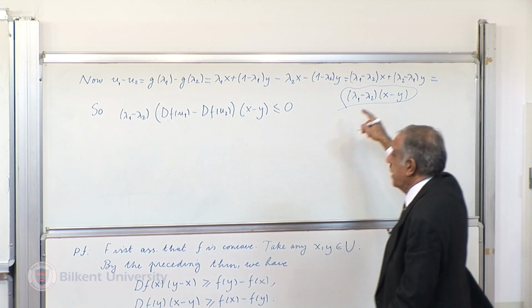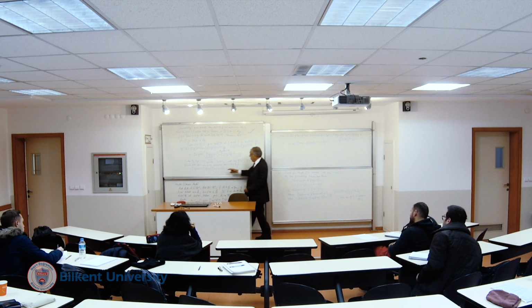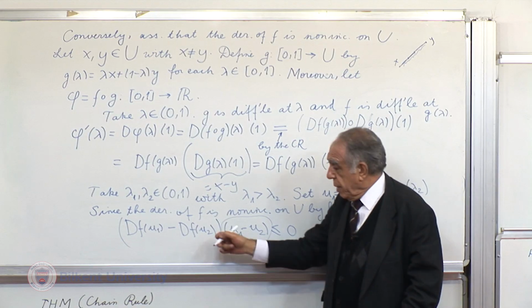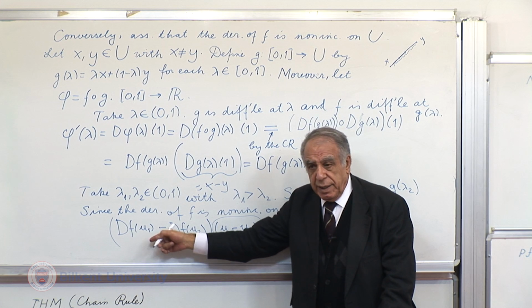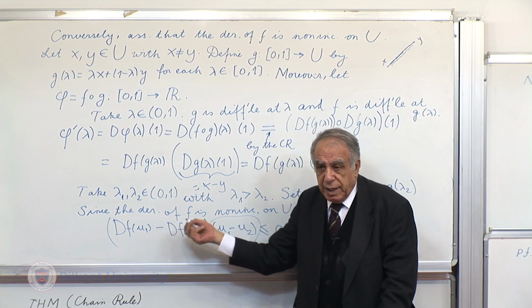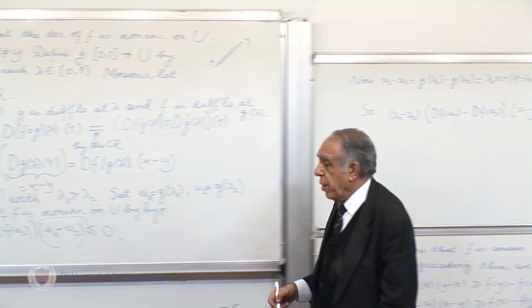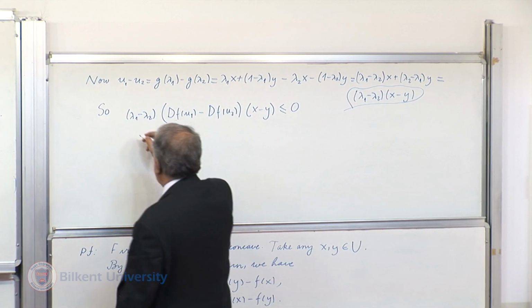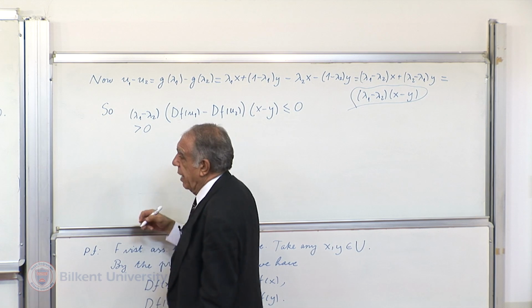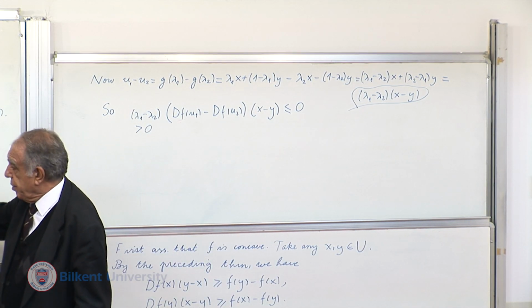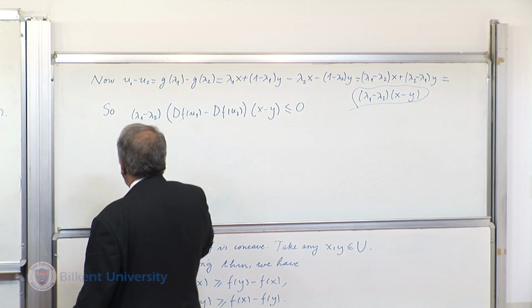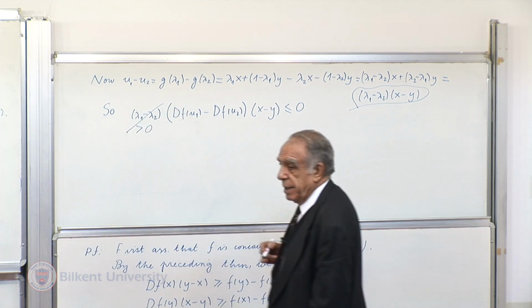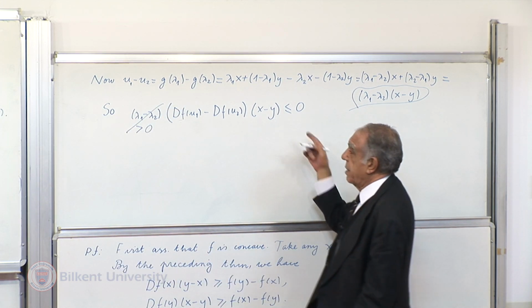I have just written this here for u1 minus u2 and utilized that this difference function is linear since both ingredients are linear. But this is positive. Lambda 1 was assumed to be larger than lambda 2. Well, I can divide by this, and I get this.